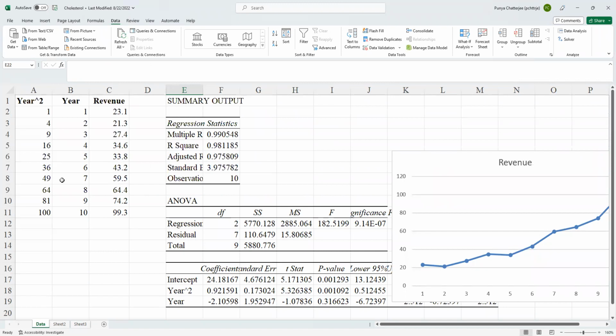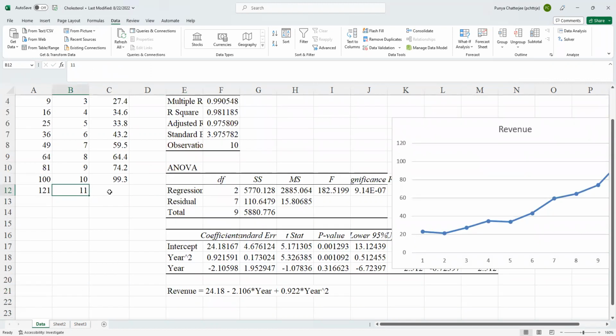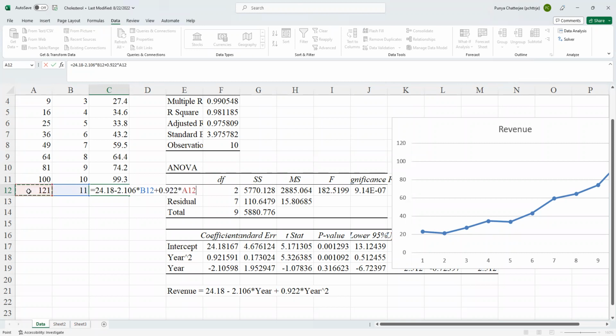So now if I ask you to predict for year 11, what's going to be your year 11's forecast for revenue? It's going to be equal to, I'm going to use the regression equation, 24.18 minus 2.106 multiplied by year plus 0.922 multiplied by year square.